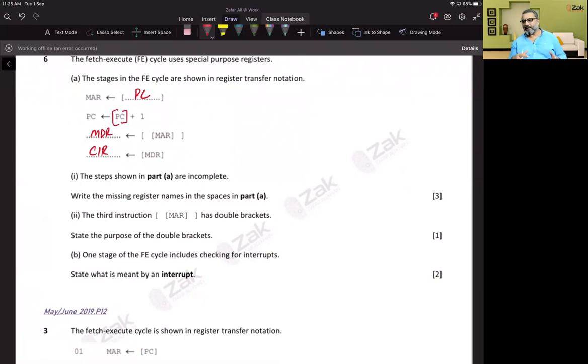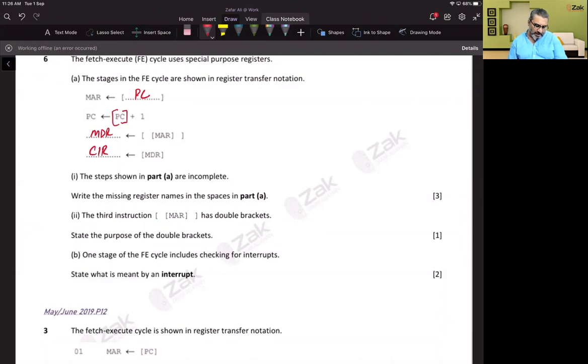The content of MAR is an address. It is the content at that address which is actually required from the memory, and the outer bracket is the content of the address pointed to by the MAR in the RAM. Okay, so that is the purpose of double brackets.